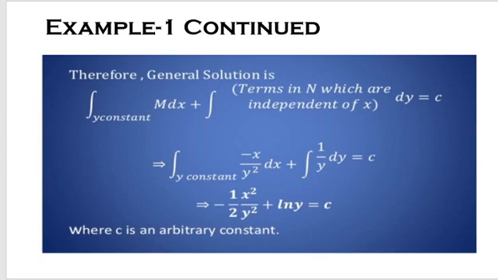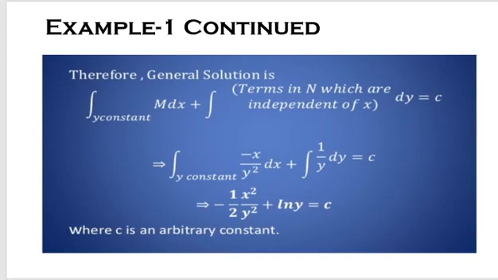So, after taking 1 by y square as constant, minus integral of x dx will give you minus x square by 2. So, finally, the first term integration is minus x square by 2y square, and plus integral of 1 by y dy, that is log y, is equal to c, which is the general solution of the exact differential equation obtained now.